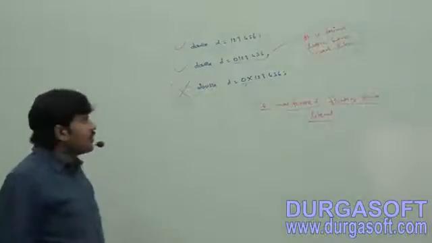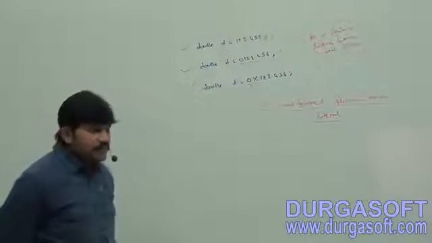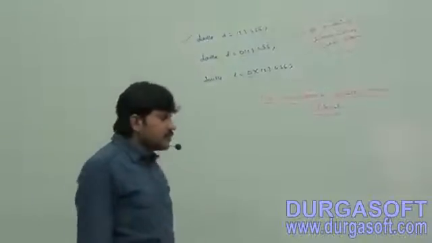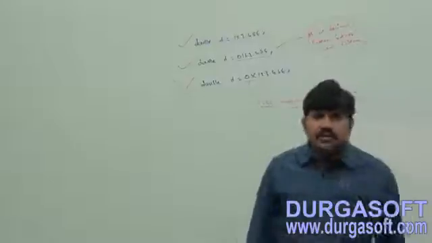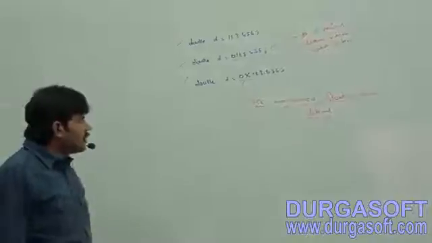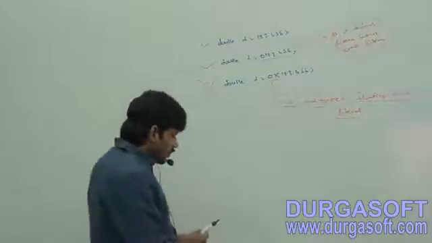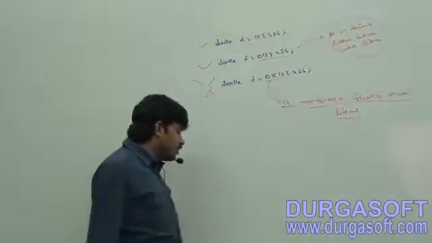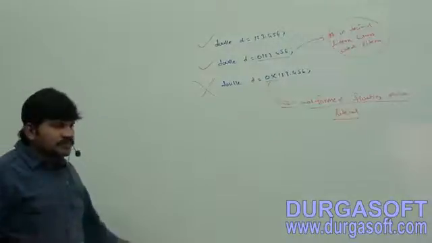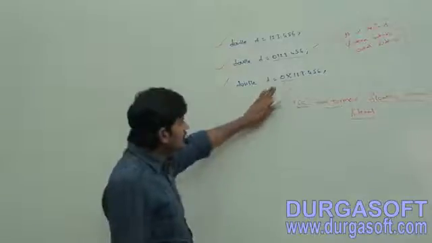We can specify floating point literals only in decimal form, and we can't specify them in octal and hexadecimal forms. Are you getting the point, right?